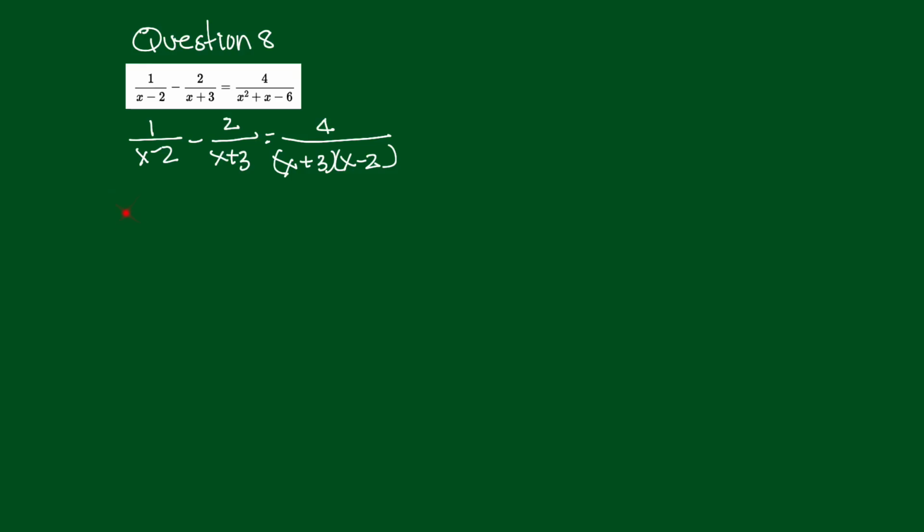So our LCD is, we've got that x minus 2 appears, the x plus 3 appears, and excluded values, x cannot be 2 from the form right above it, and negative 3. That's going to give us division by 0. So we need to exclude those values.